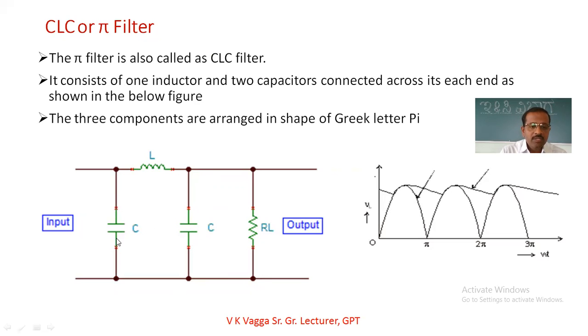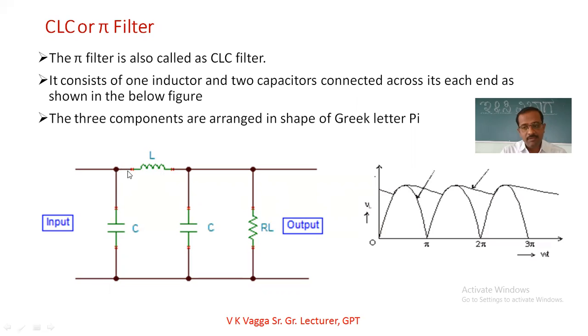It will allow the AC to pass. What about the inductor? The inductor will allow only the DC to pass and will block the AC. So if you apply the pulsating input to this circuit, initially capacitor 1 takes the AC component into it, and it flows into the ground. At this point it has only the DC.